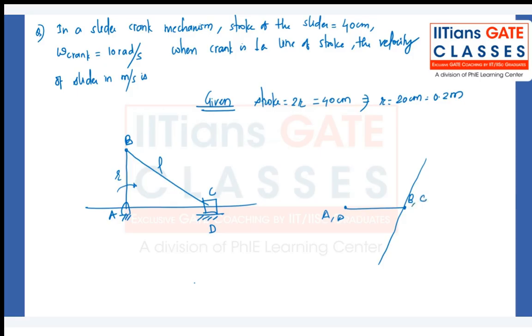C has to be on the same line because my CD velocity has to be on the horizontal line. So that is possible only when the velocity of the coupler in this case is 0. Velocity of the coupler has to be 0, and then only it is possible. Correct. So use this logic and try to solve the problem.